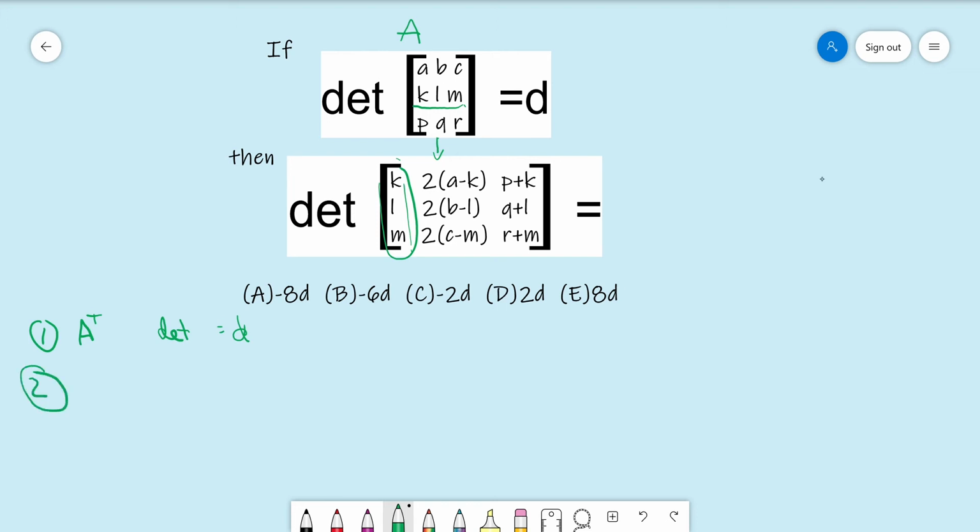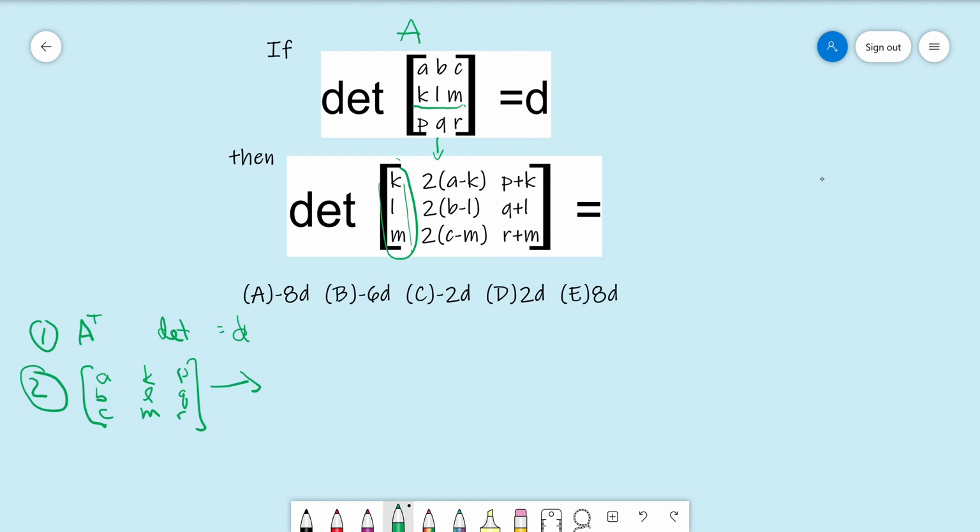Once we take the transpose, our result is going to be A, B, C, K, L, M, P, Q, R. Now we have to do something else.